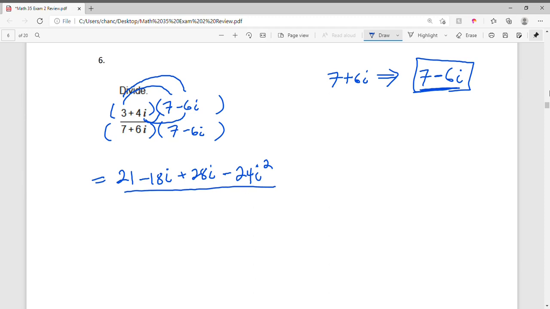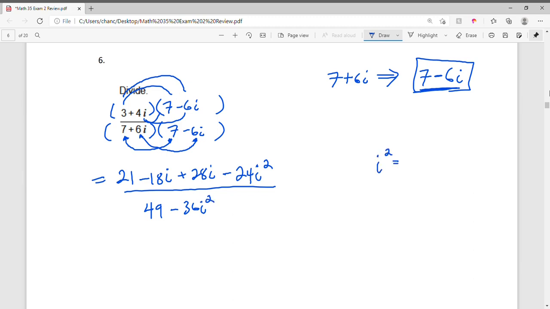That's only the top. For the bottom, these are conjugates. That means I can use the shortcut, which simply means multiply the first term with the first term and the last term with the last term. That gives me 49, and 6i times negative 6i is negative 36i squared.